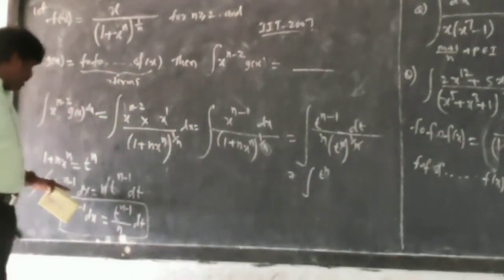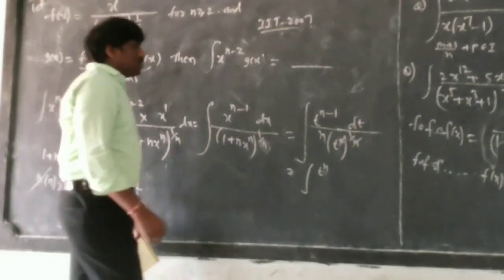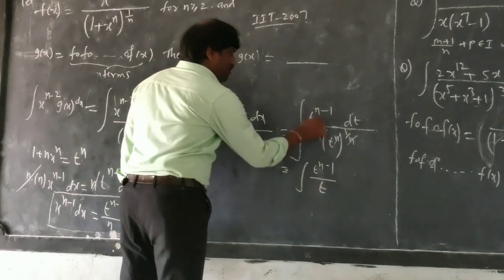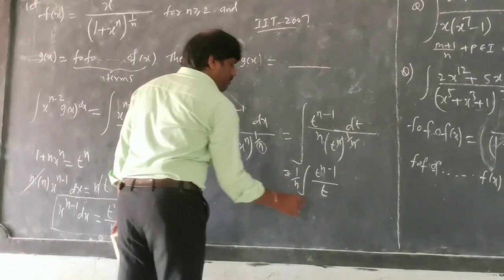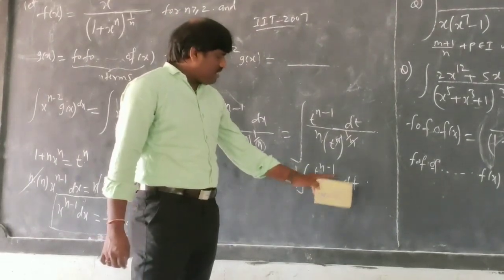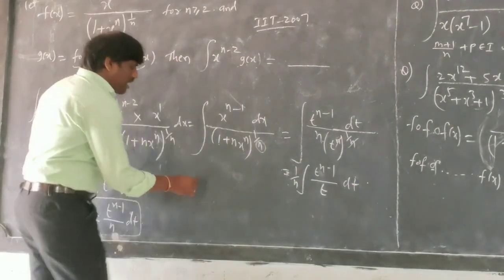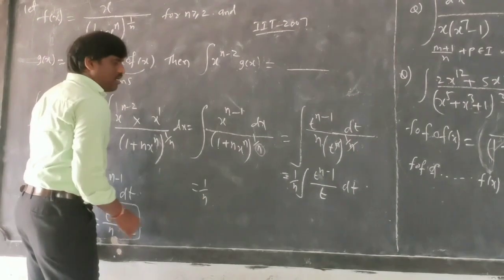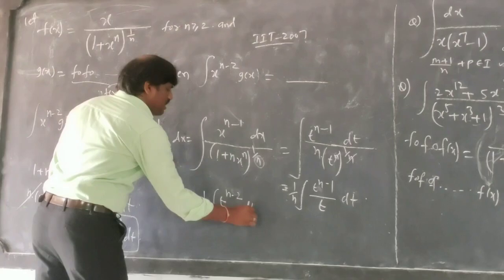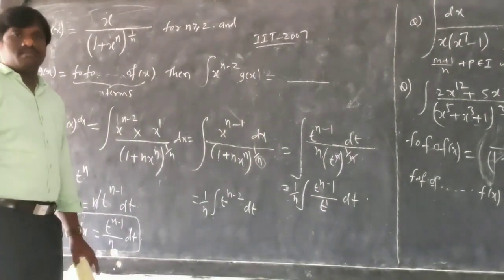This is x^(n-1), so t^(n-1). So t^(n-1) upon t, and this 1 by n can be taken out common, dt. If I send this one upside, t^(-2) I will get, correct? Therefore I get 1 by n, integration of t^(n-2) dt.